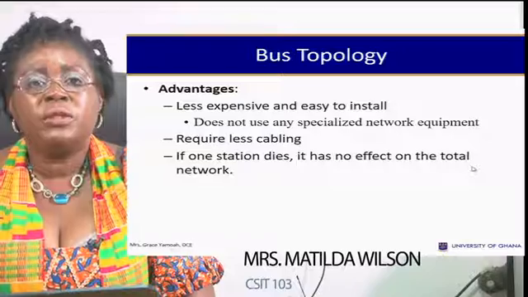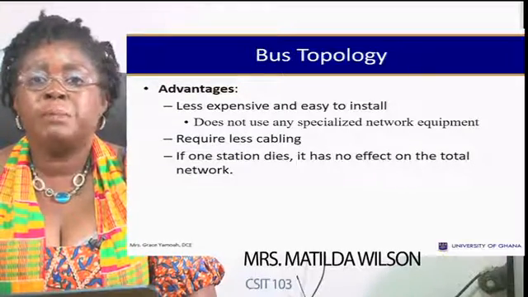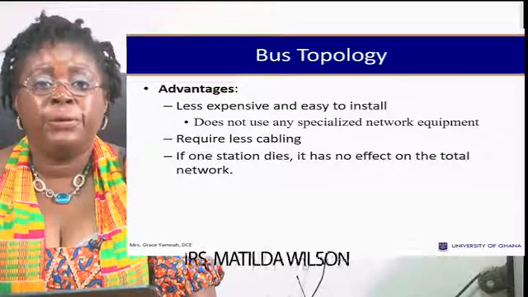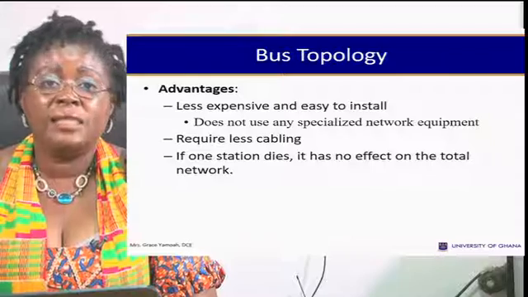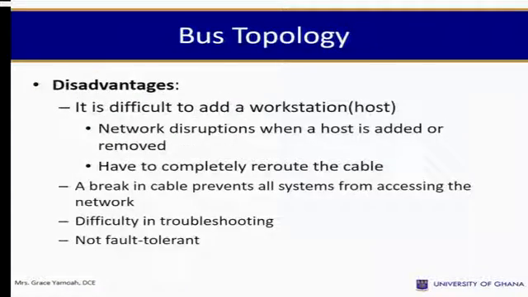Advantages of bus topology: it is less expensive and easy to install. It does not use any specialized network equipment. It requires less cabling. If one station dies, it has no effect on the total network. The disadvantages of bus topology: it is difficult to add a workstation or a host after it is established.